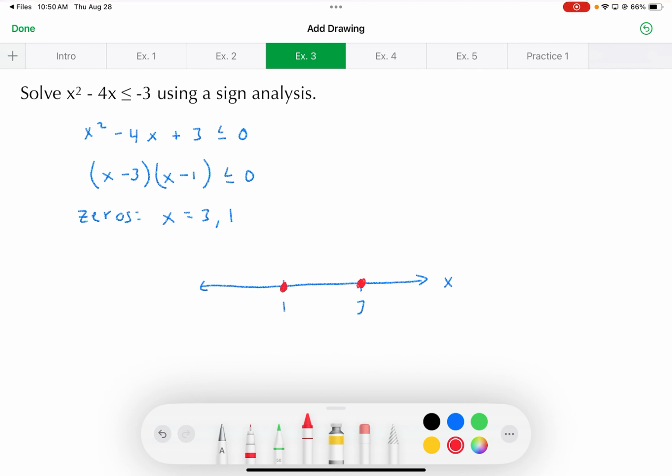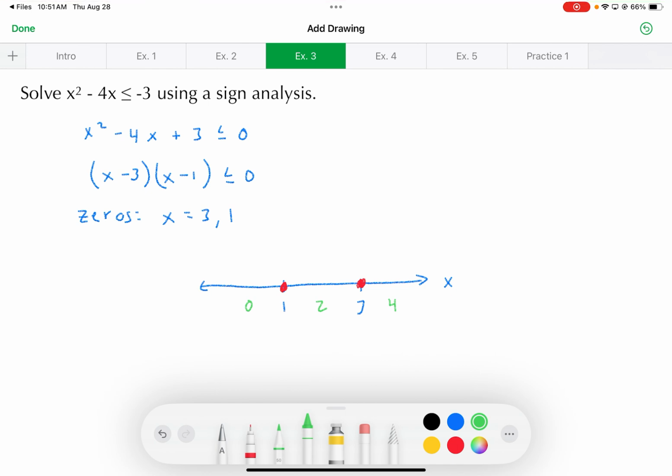Okay. I'm going to pick a couple test values. I'd probably choose 0 for the left interval, 2 for the middle, and then 4 for the right interval. Now let me show you a slightly different way you can get your sign values here. Again, I don't really care about the final result of the test value.